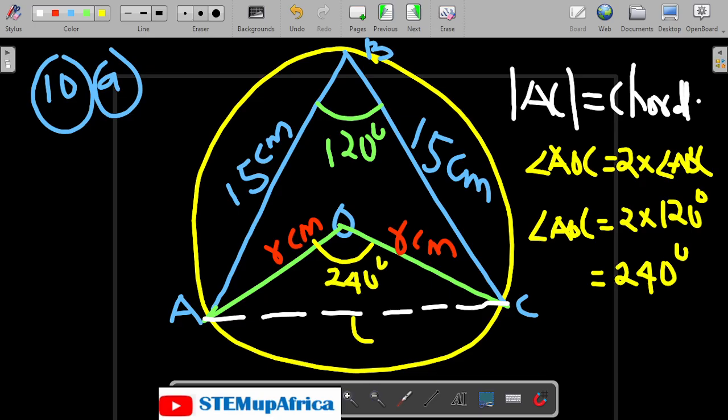So let's get the length of the chord L from A to C. To do that, I will consider triangle ABC with angle 120 at B. From there, we can find AC, which is the length of the chord, by using the cosine rule. So my AC represents my small b.